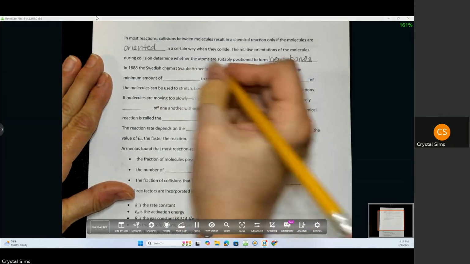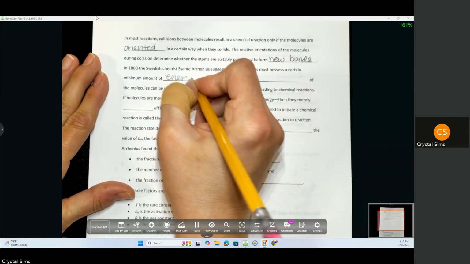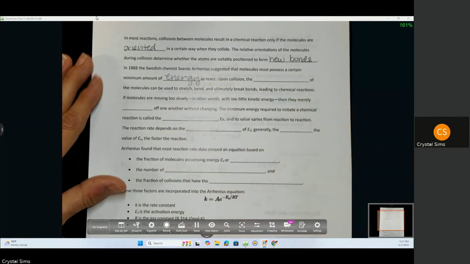In 1888, Svante Arrhenius, who was a Swedish chemist, came up with this idea that molecules have to possess a certain minimum amount of energy to react when they collide.